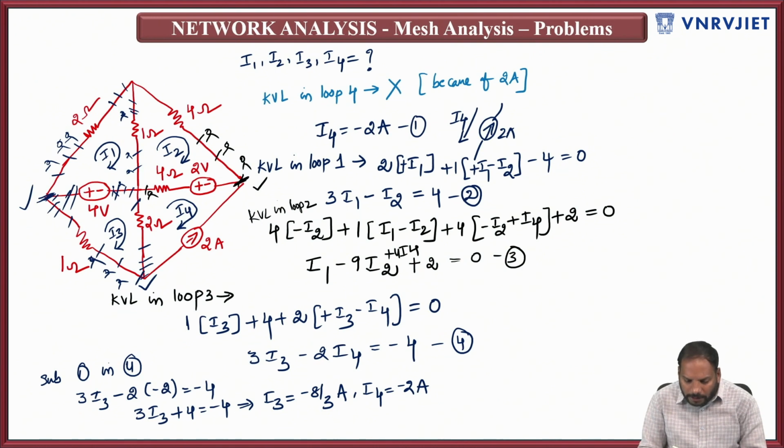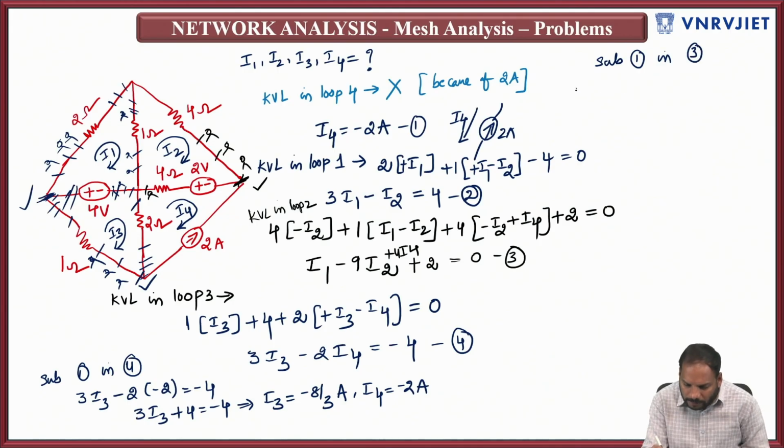So once you got I3 and I4, so I think I can take the help of equation 3 here. So equation 3 is in terms of I1, I2 and I4, and here equation 2 is in terms of I1 and I4. So now substituting equation 1 in equation 3.